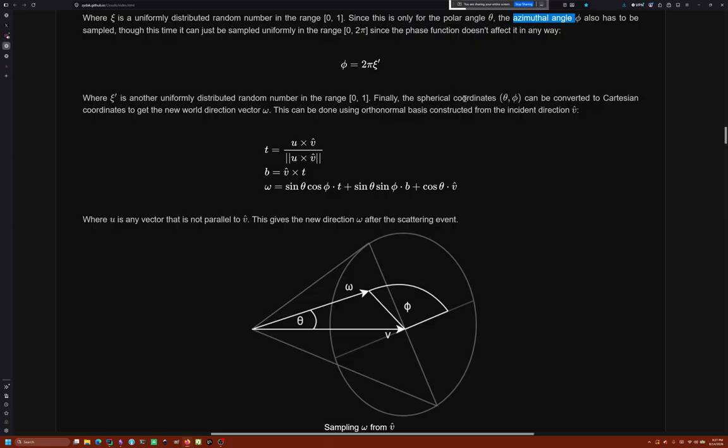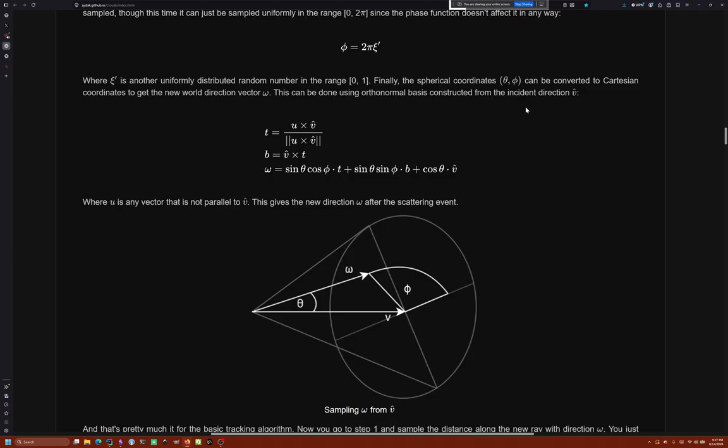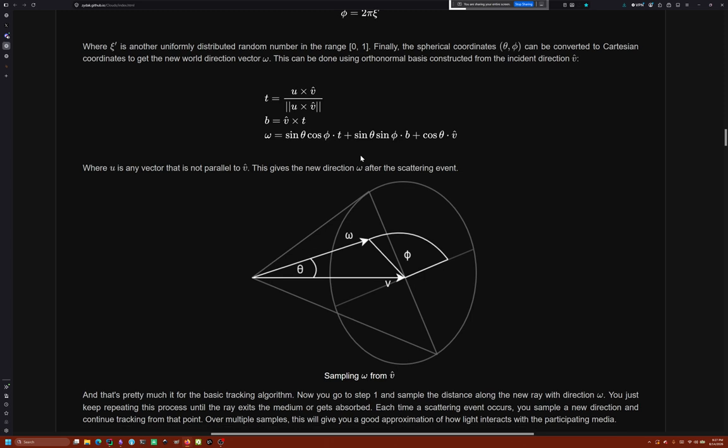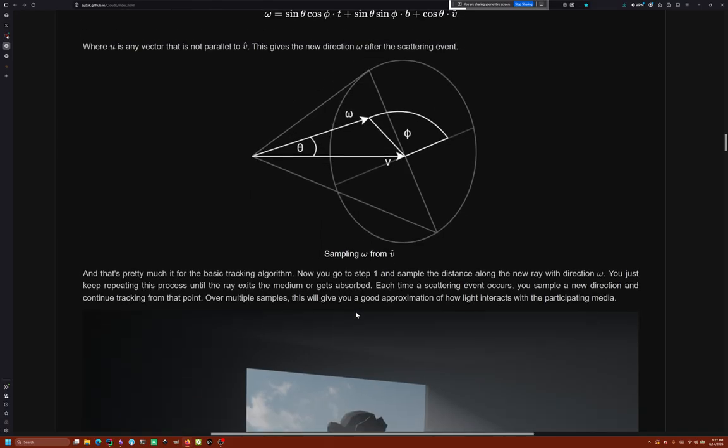So finally, spherical coordinates can be converted to Cartesian to get omega. They construct an orthonormal basis. So you have an angle about this, that's phi, and then theta is the one that's influenced by the phase function.